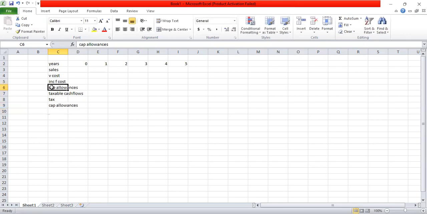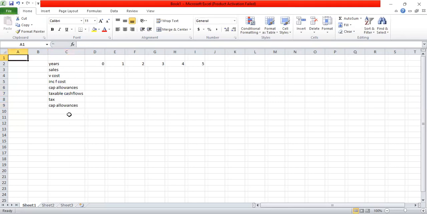Here we are deducting, here we are adding back. Then we have initial investment. Then we have scrap value, working capital, and there will be your net cash flows.